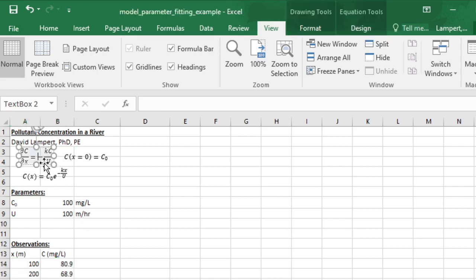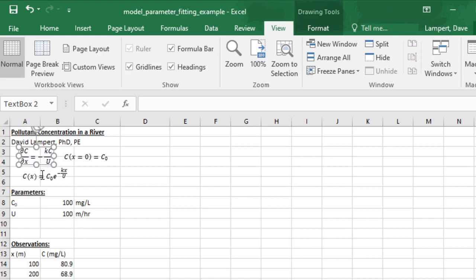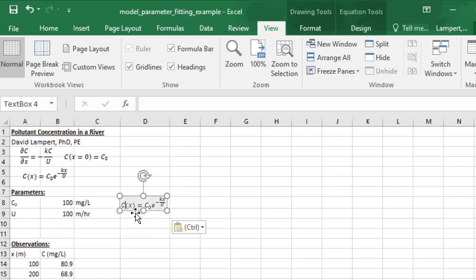So I can rewrite this equation in a linearized form. If I take the natural log of both sides, the natural log of C is equal to the natural log of C0, and then this all comes down out of the exponent.